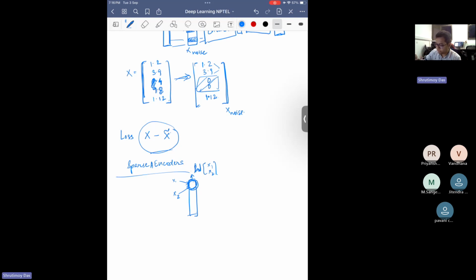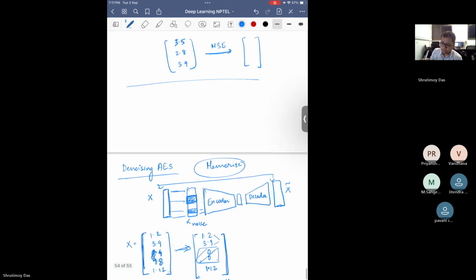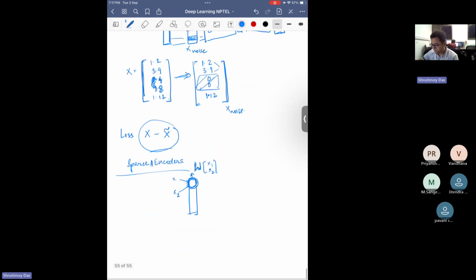It will not try to learn everything. It will not try to memorize everything, right? So that is basically saying that we don't want to preserve all the principal components. We just want to preserve the most important principal components, the most important directions of variance in the data. So that is what a sparse autoencoder does.